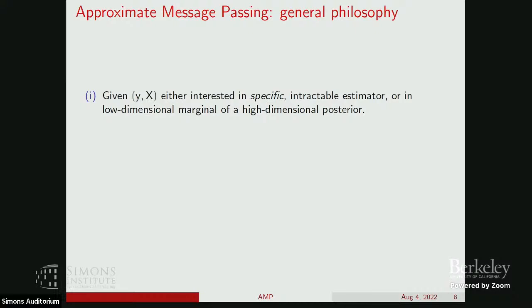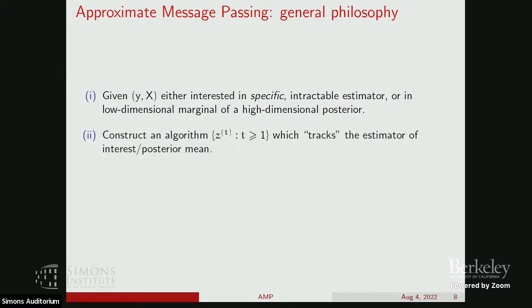If I give you any learning problem, you may want to analyze a specific estimator, which might not have a closed form but might be in the form of an ERM or some such implicit description, or you might want to do Bayesian inference and look at the posterior distribution and the expectations of the one-dimensional marginals, right? If I just gave you this problem, you'd roll up your sleeves and bring out all the tools that you know from statistical learning, high-dimensional statistics, and probability. I have many different tools to approach this question.